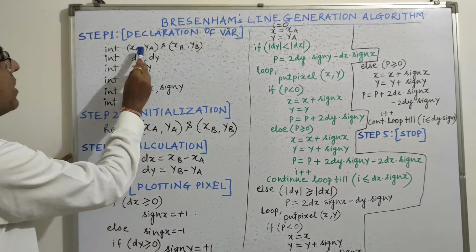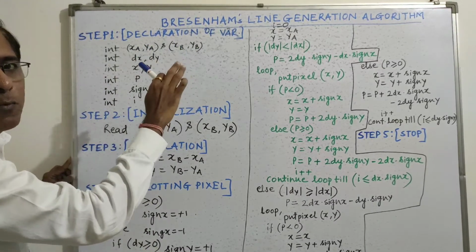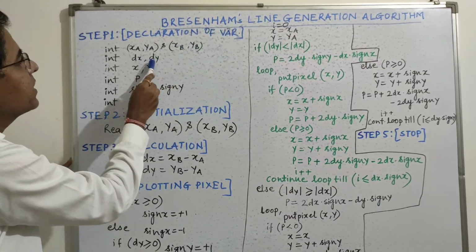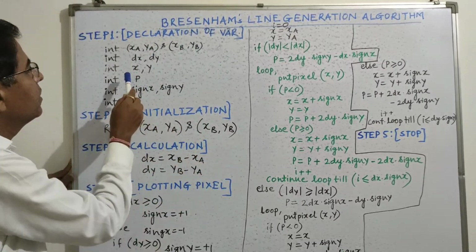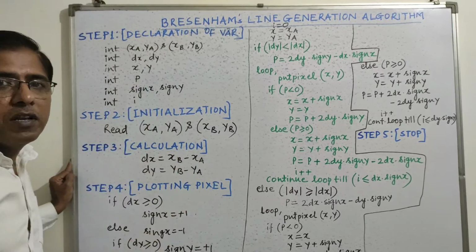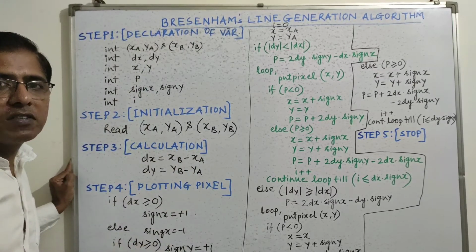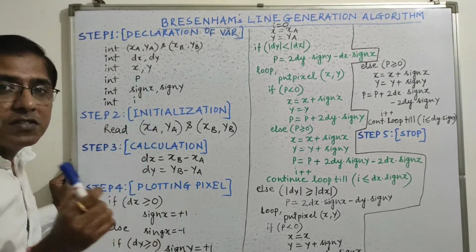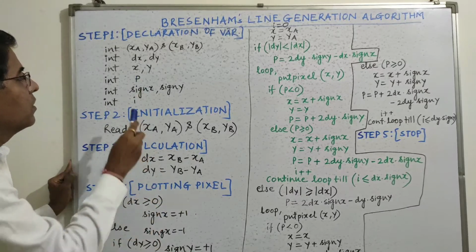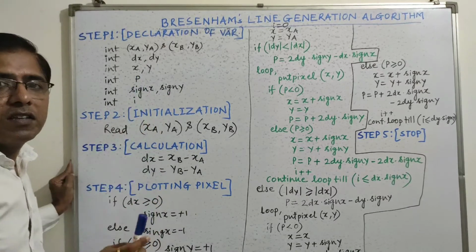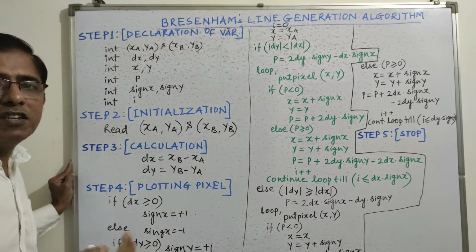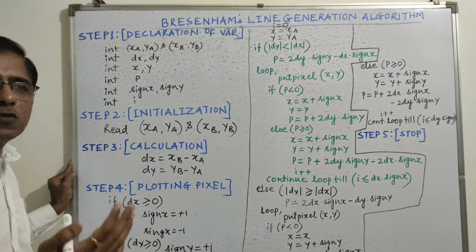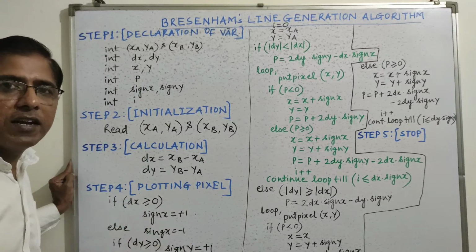So xa, ya, xb, yb are the start point and end point coordinates. Dx and dy are the difference of x and difference of y coordinates. The x and y variables store the current values of x and y. P is a decision parameter. Sin x and sin y are sign changing variables. The slope can be positive, the slope can be negative.